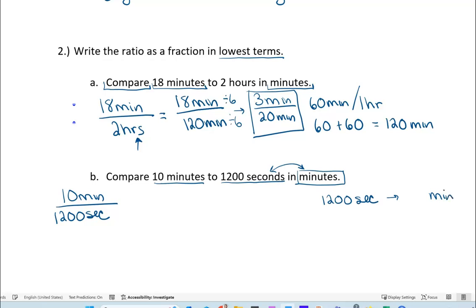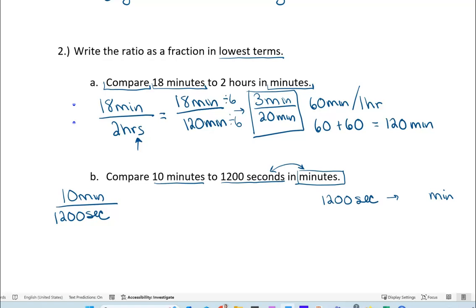Now, we've talked previously about how to identify whether you're doing multiplication or division. When you're going from something small, like in 2A, right? We started with 2 hours. Well, there are more minutes than hours. So our number is going to be getting bigger.